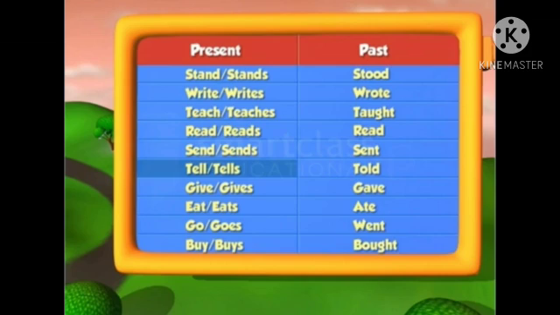Send or sends becomes sent. Tell or tells becomes told. Give or gives becomes gave. Eat or eats becomes ate in the past. Go or goes becomes went. Buy or buys becomes bought.